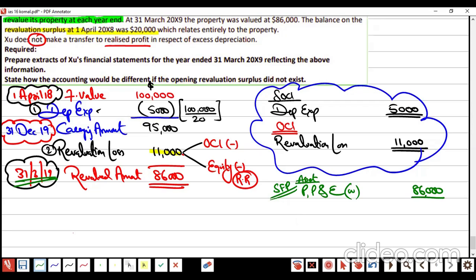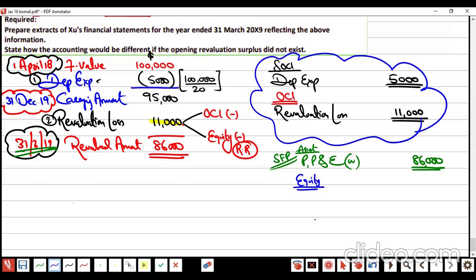This is the asset side, no? After asset side, we had another side which is equity. Equity side, we have lots of things now. Share capital. We used to have here share premium. We used to have here retained earnings.